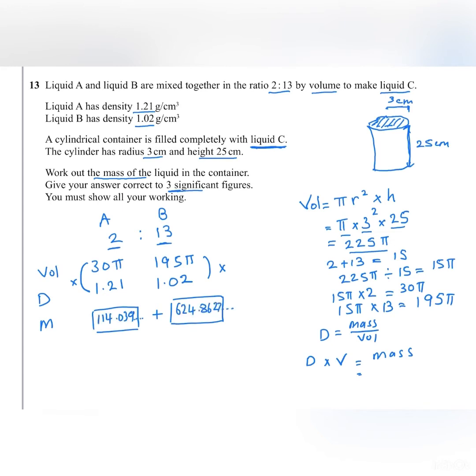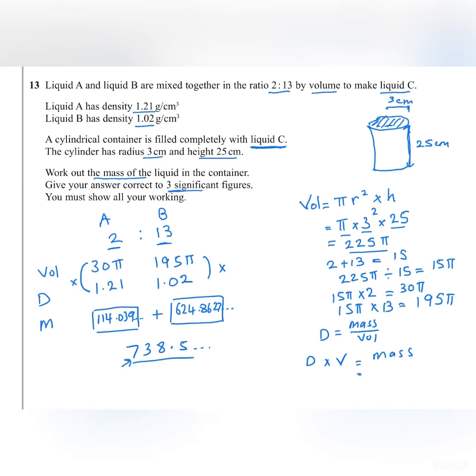Okay, so the mass of A is 114.039 and a few more decimals there, and the mass of B is 624.8627 and so on. Now, if we add them together, we get 738.5, and when we round up, the total mass of the liquid in the container C would be rounded to 3 significant figures.